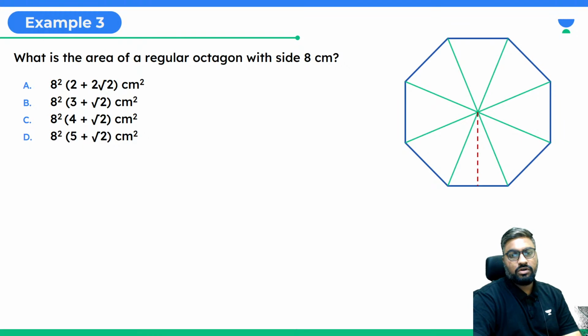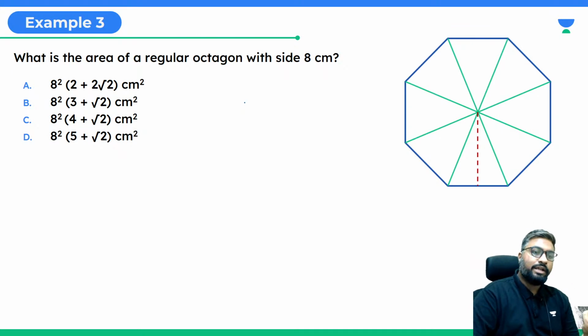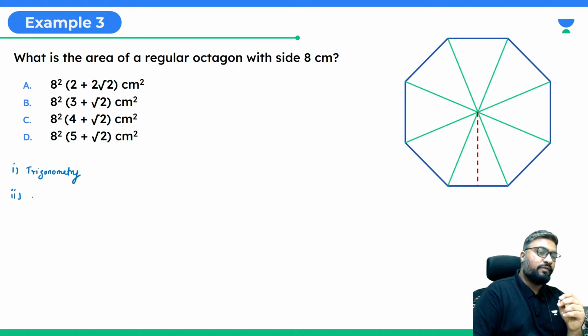Right, Manan. So see, this question would become almost impossible for us to solve. There are only two ways. One, if we take the trigonometry route. Number two, if we know the direct formula.